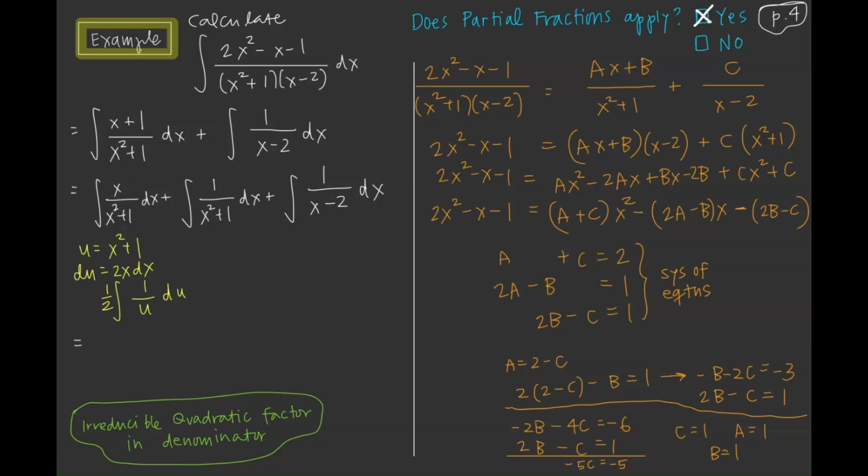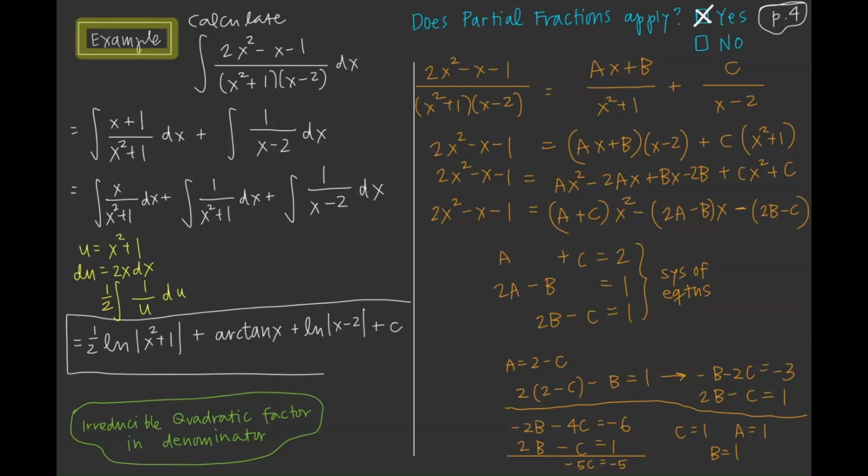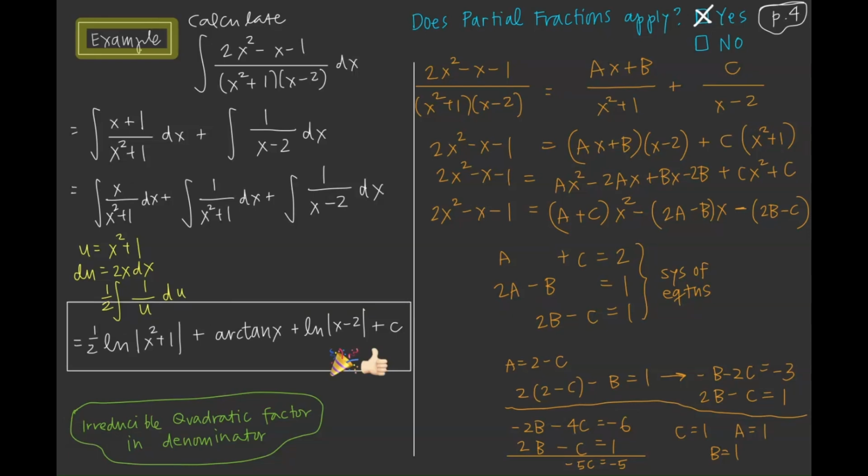So we're going to have the natural log of u, which is the natural log of x squared plus 1, and we have a 1/2 in front, plus arctan of x, that's just coming from this. The derivative of arctan is 1 over x squared plus 1, so this is the right antiderivative, plus natural log of x minus 2, plus a constant. So we do have our solution.